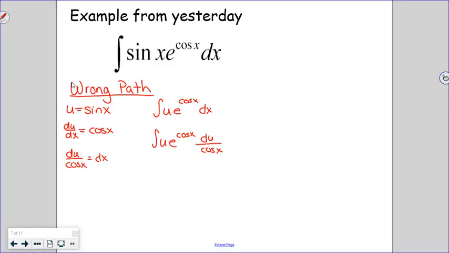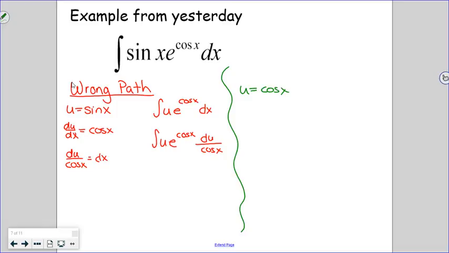So remind you what we saw yesterday when we did this one, when they told us what to pick for u, and how at this point it became very obvious that we had picked the right thing because it simplified my function down to something a lot cleaner. Yesterday they said let u equal cosine x, which would be another obvious choice in this one, especially as we think ahead.